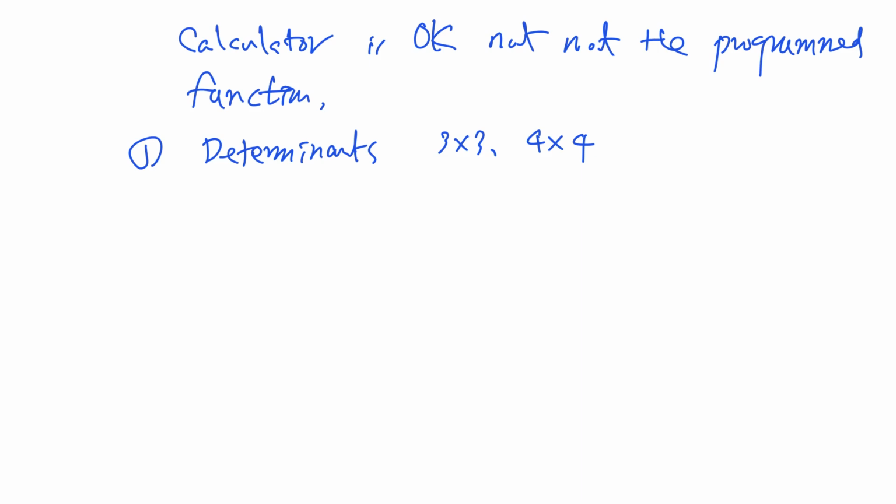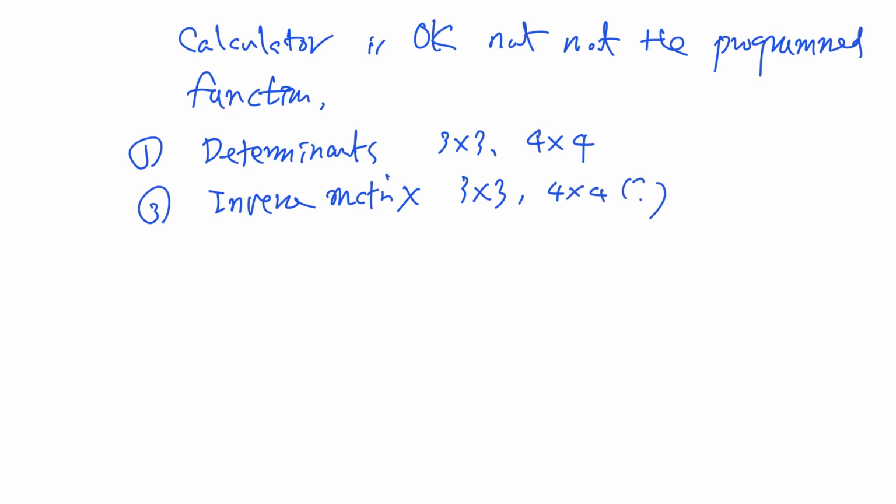So maybe up to 4 by 4. Find inverse function, inverse matrix. Most likely 3 by 3. 4 by 4, I don't know, depending on the mood. So determinant and inverse matrix.